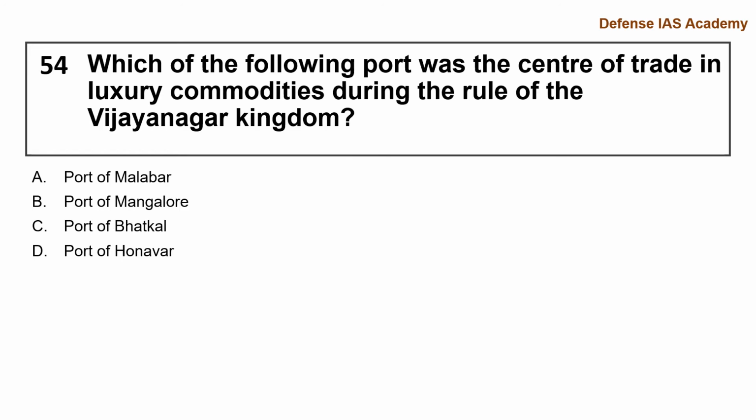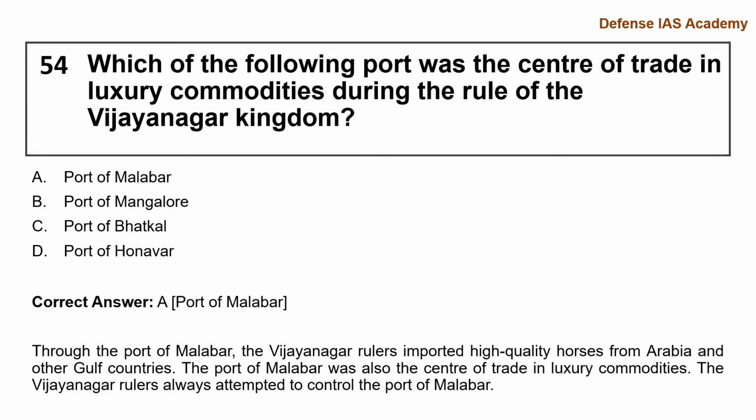Question number 54. Which of the following ports was the center of trade in luxury commodities during the rule of the Vijayanagar kingdom? The correct answer is option A, Port of Malabar. Through the port of Malabar, the Vijayanagar rulers imported high quality horses from Arabia and other Gulf countries.